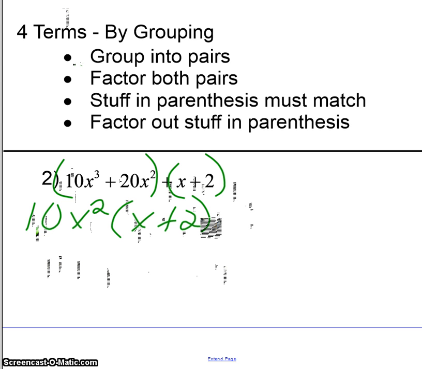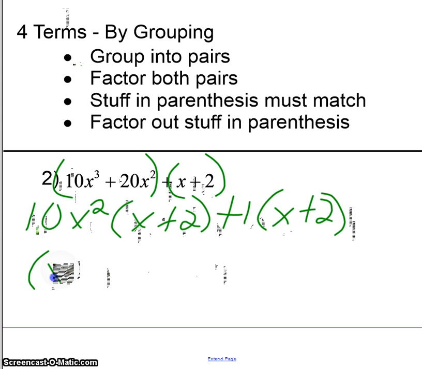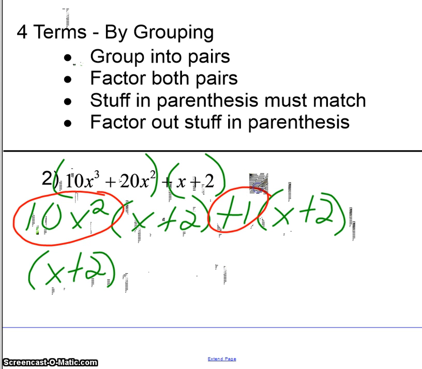The GCF of the second group is 1. It's not always 1, but it was in these first 2 examples. The stuff in the parentheses must match, so I'm going to divide an x plus 2 out of both. And what I'm going to be left with is this and this in the other parentheses.